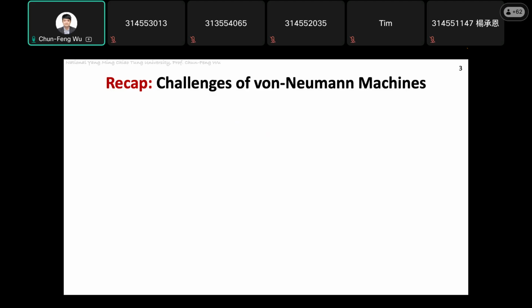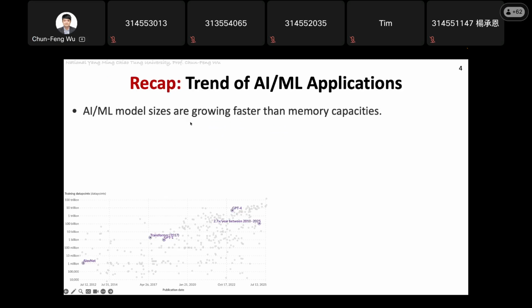Okay. So let's do a fast recap. Last time, the key thing is we let you know that for AI and ML applications, the model size, or the memory required by the applications, grows very fast, and it is faster than the memory capacity.